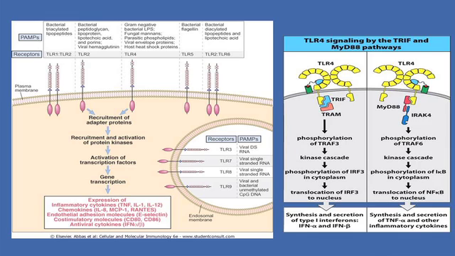They will lead to the translocation of NF-kappa B, a nuclear binding protein that is critical in all of these inflammatory pathways, that leads to the synthesis and secretion of things like TNF and literally hundreds of proteins involved in inflammation.